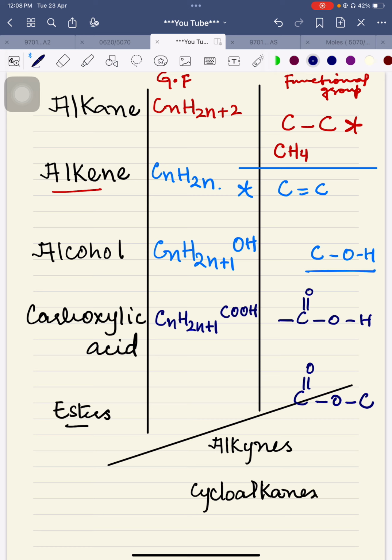How it happens, all that detail will be taught to you. For esters, you can leave both of these points; they will be discussed when I teach you the topic of esters. Right now, I'm just telling you the general formula and functional group of all these four families, and esters are part of your syllabus.